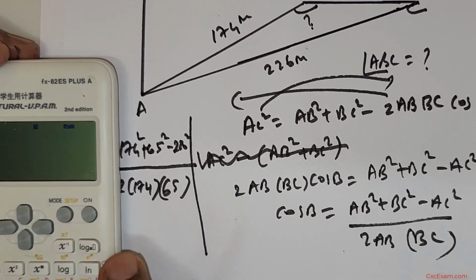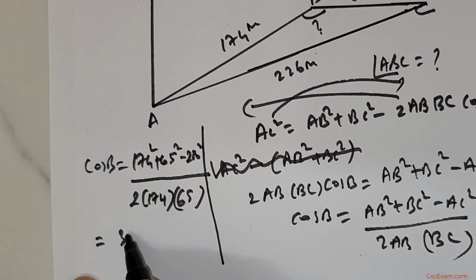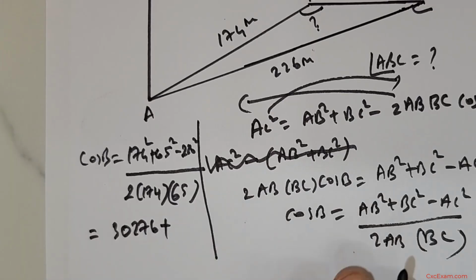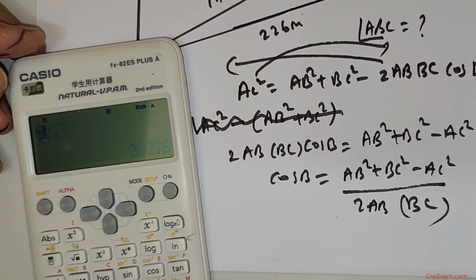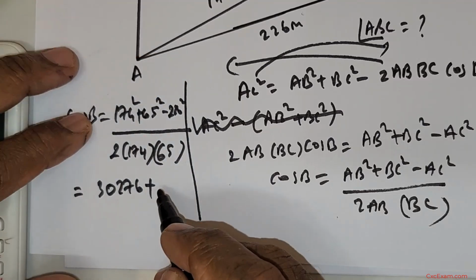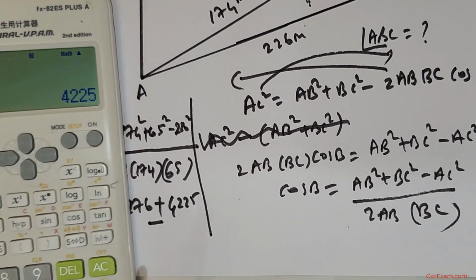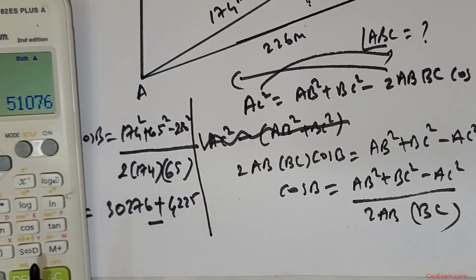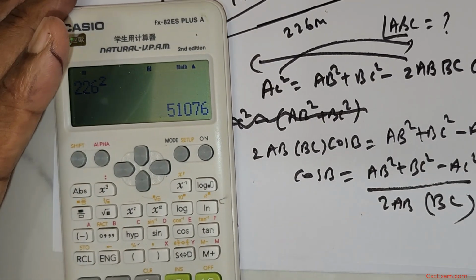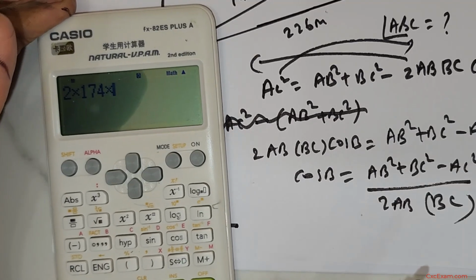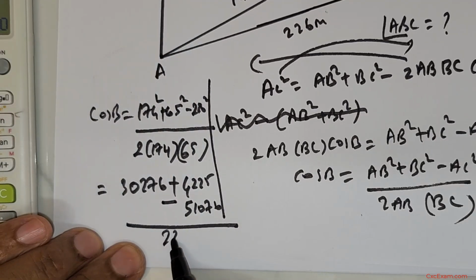So 174 squared is 30276, plus 65 squared, 4225, then minus 226 squared, 51076, divided by 2 multiplied with 174 multiplied with 65, which is 22620.